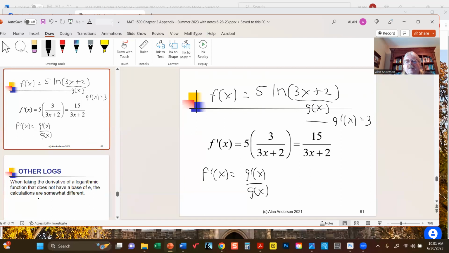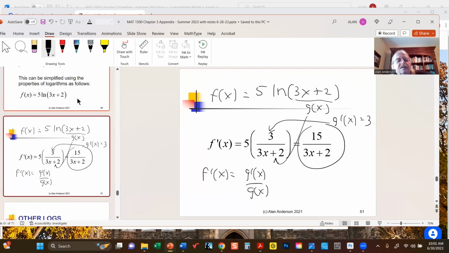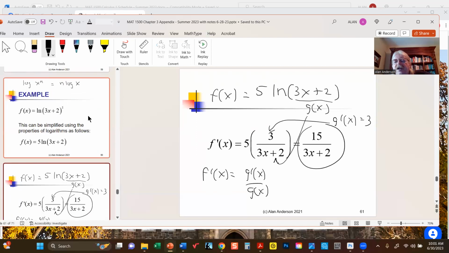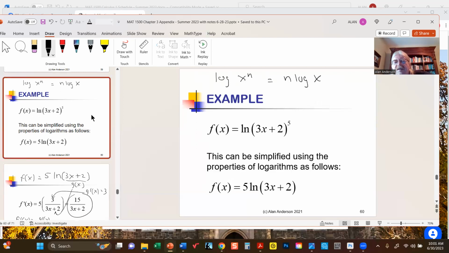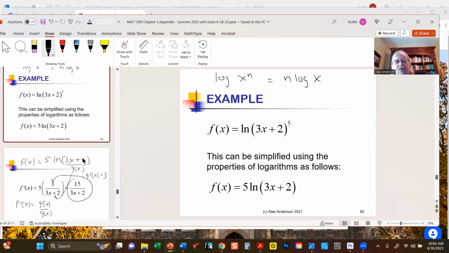So here's our g prime of x, here's our g of x. And then of course the 5 is still there, don't lose the 5. So you end up with 15 over 3x plus 2. And that's it, you're done. If you'd left it like this, you would have gotten a very complex chain rule problem. I think you'll agree this was a lot quicker.